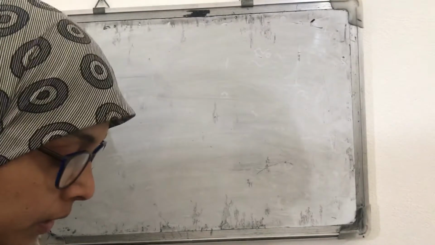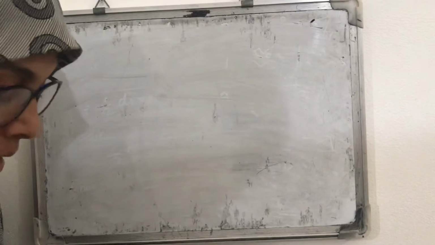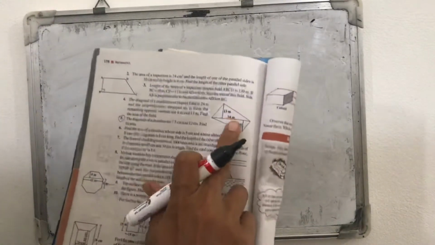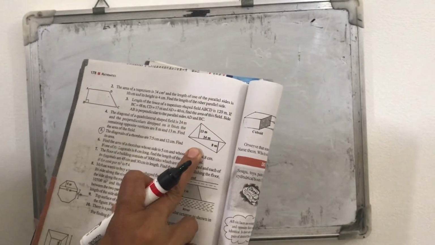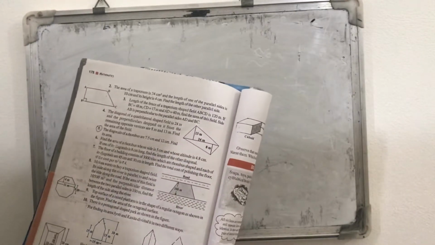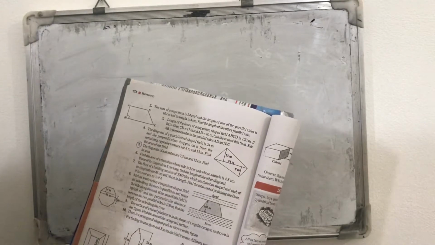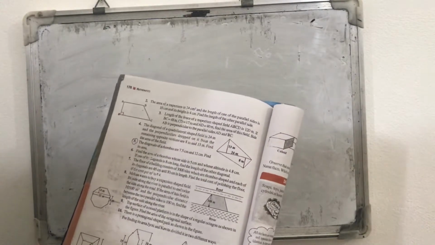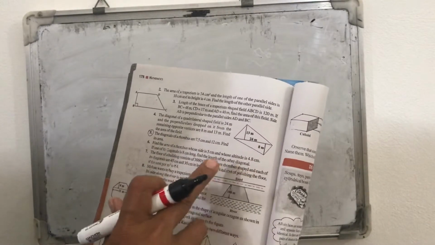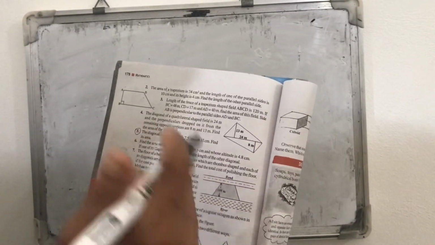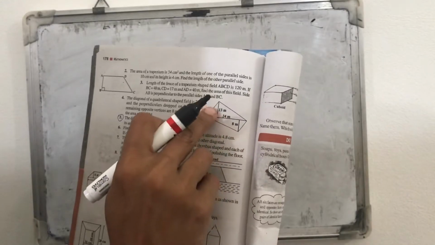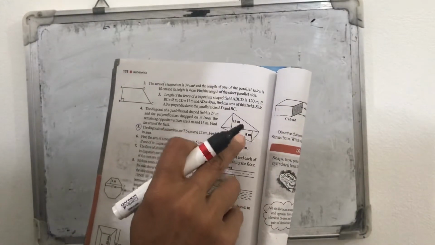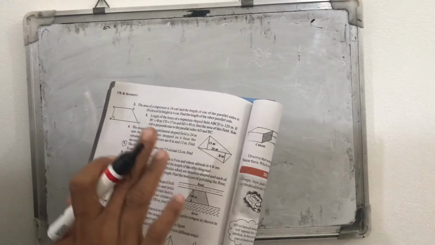We know the equation for the area of a general quadrilateral: half into D into H1 plus H2. Here D is 24, H1 is 13 and H2 is 8. So using that you can find the answer.